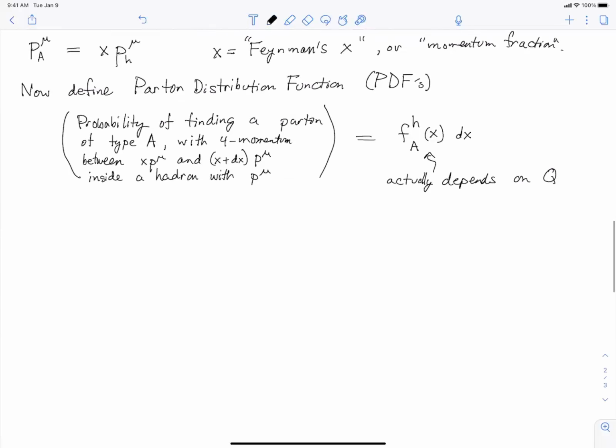So for example, suppose we're indeed talking about a proton, which is the most common case. So a proton, we remember, has valence quarks that are up, up, and down. So naively, you might think that the probability of finding an up quark is twice as much as finding a down quark. But that we'll see is not exactly true.